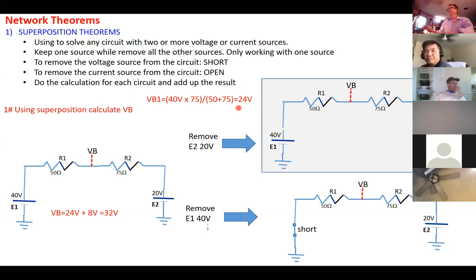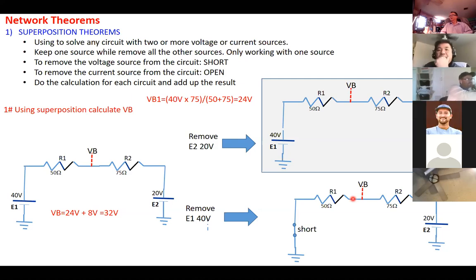The next step, I want to remove E1, so I short it. So if I want to calculate VB2, you take 20 volts times R1 over R1 plus R2.